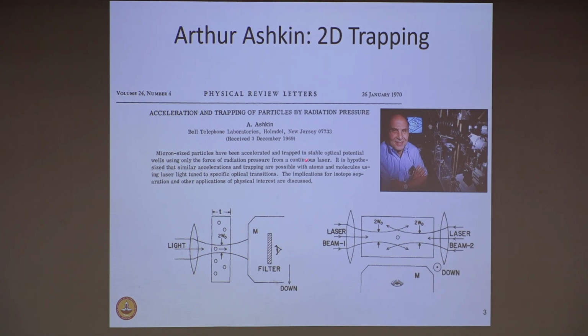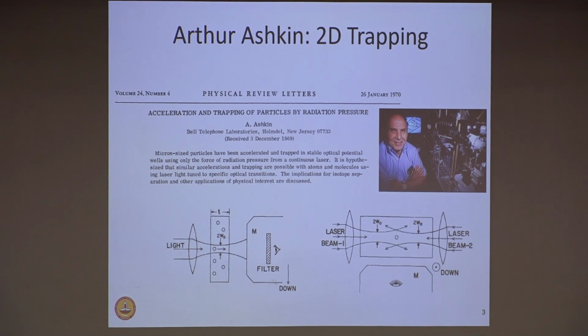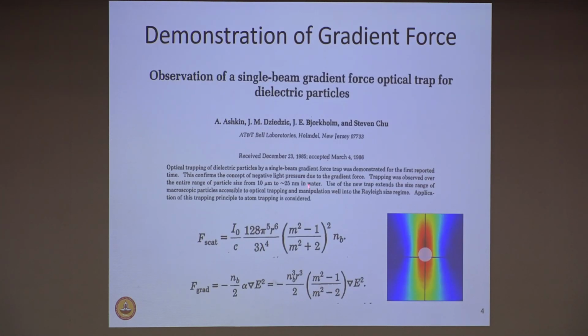He reported that in one of the first papers in PRL, and then he used two beams to trap the particle and control the axial position. After that, in 1986, he showed that you can use a very tightly focused laser beam to trap the particle in the focal plane.